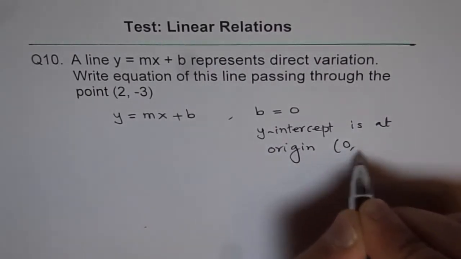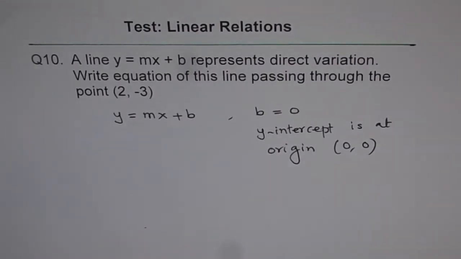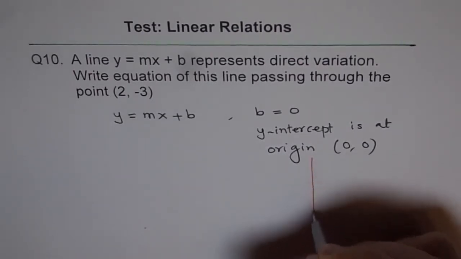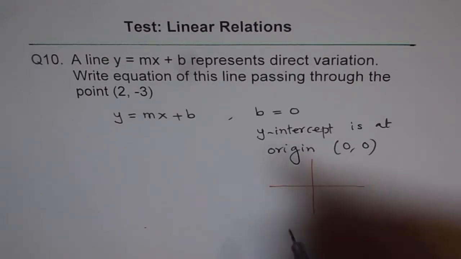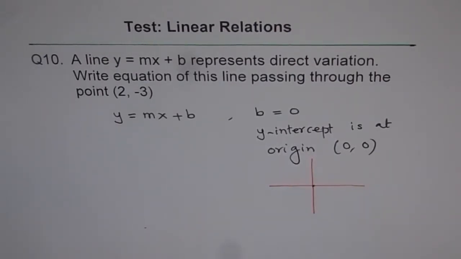Origin means (0, 0). In fact, for any direct variation, the x and y-intercept both are at the origin, correct? A direct variation will be a line which passes through the origin, right? So the origin is definitely a point on this line, correct?